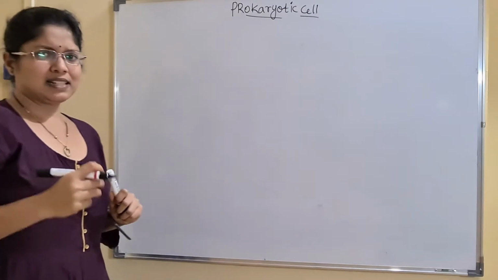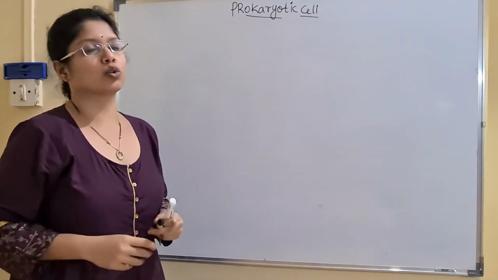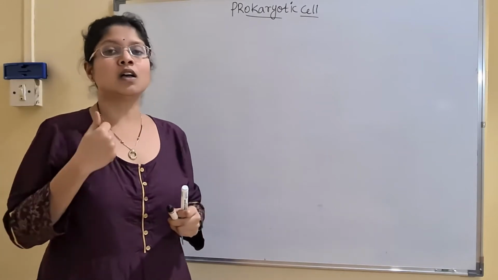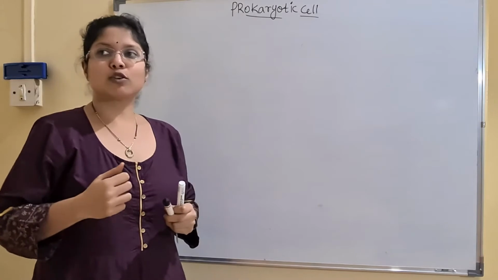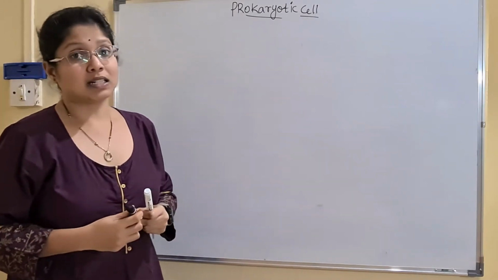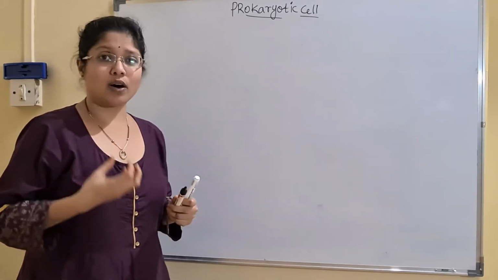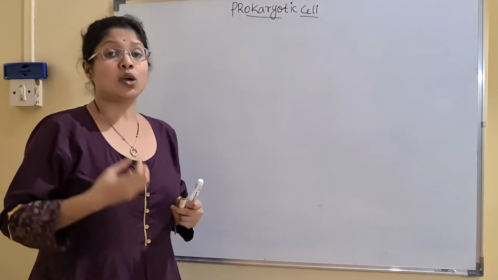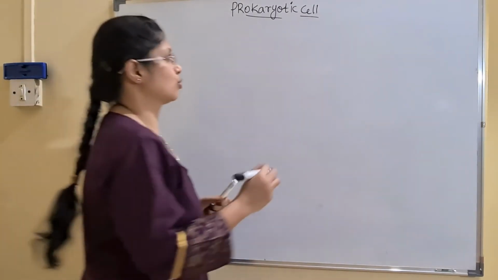So how the cell structure has been studied, that we have discussed in the introduction part. I have told you the microscope is an excellent tool for cell biology, and in microscopy we have light microscopes, compound microscopes, but in order to study at the molecular level or at the cellular level, we need a special microscope that is known as electron microscope, right?